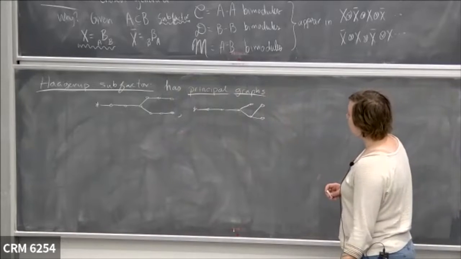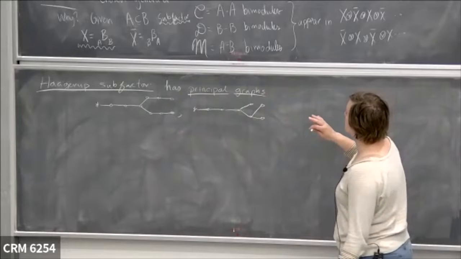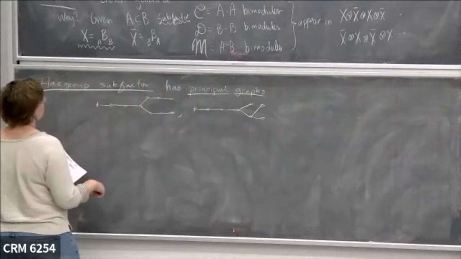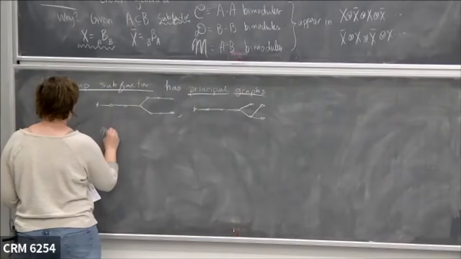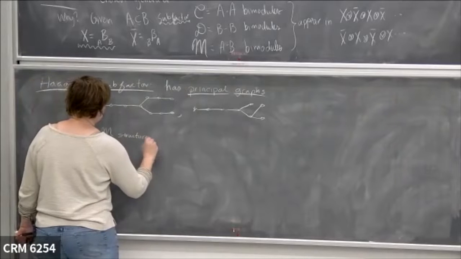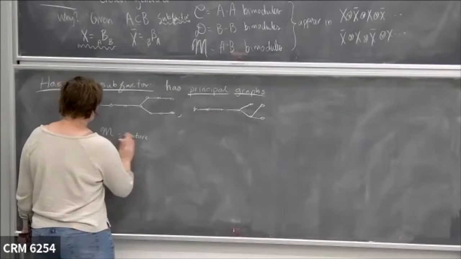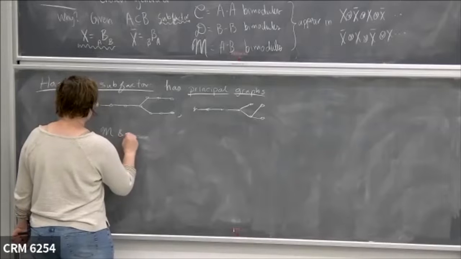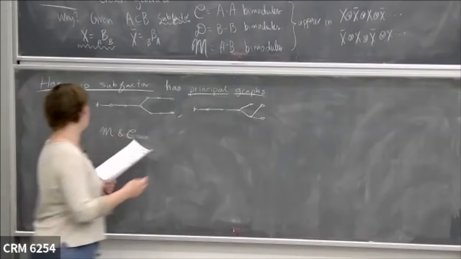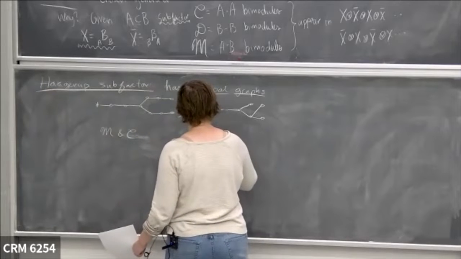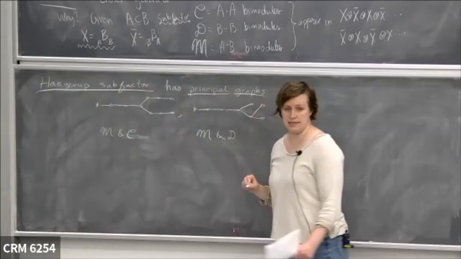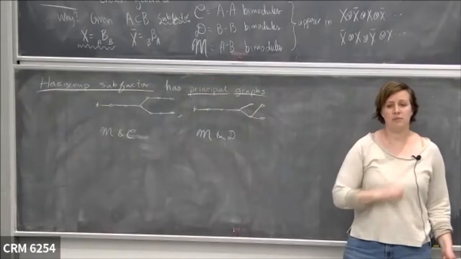So each of these summarizes the structure of, say, this one is our modules, our A-B bimodules, and maybe this is the structure you see with M and the category C, and the other one is the structure you see with M and the category D, or even more specifically than that.